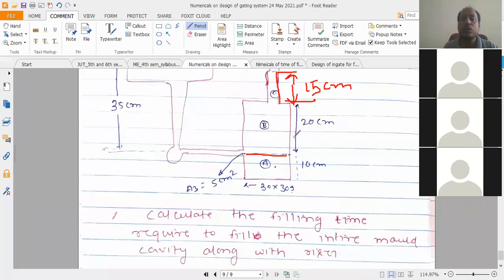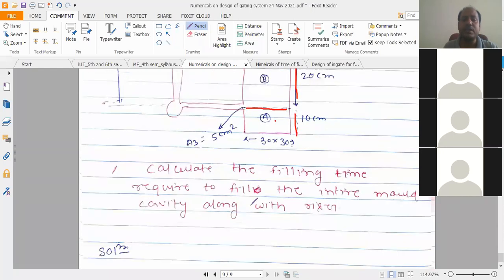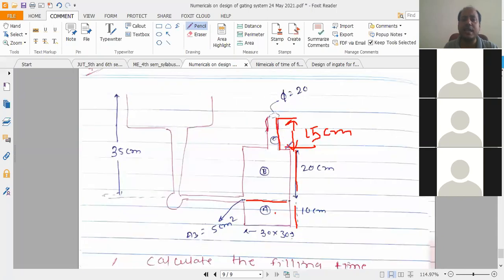So this height is 20 centimeter, this height is 10 centimeter. Calculate the filling time required to fill the entire mold cavity along with riser. This one is a riser of 15 centimeter. So determine the time of filling of the entire mold.